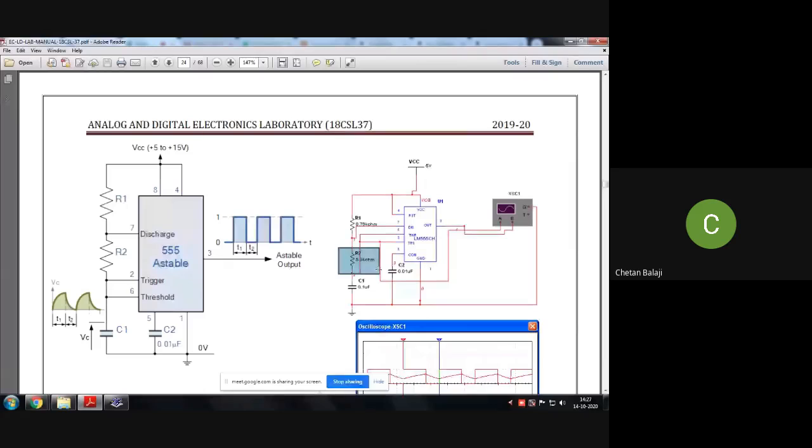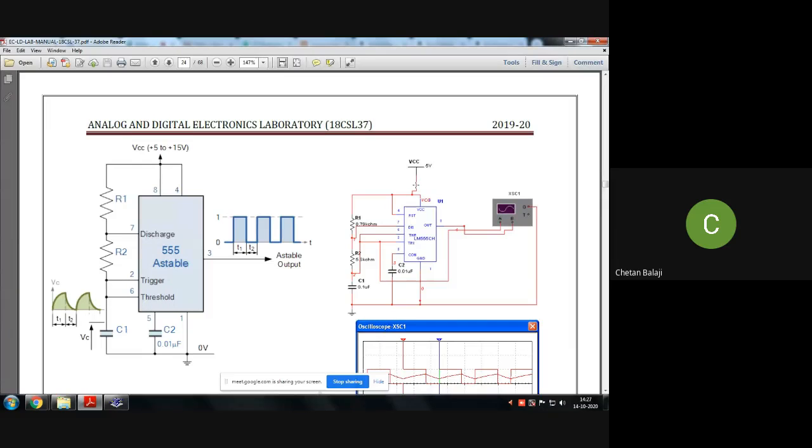If we get all these things, the connection is very easy. Short pin number 4 and 8, and from that point give it to VCC. From the same point give it to R1.